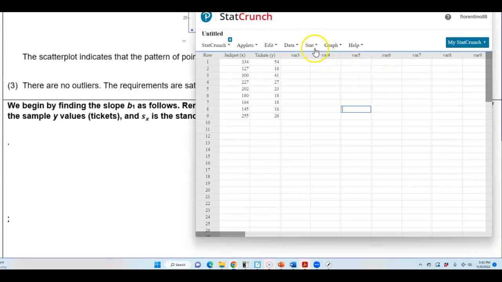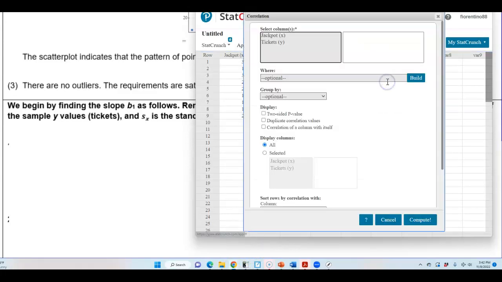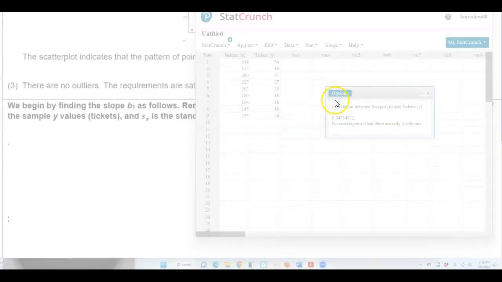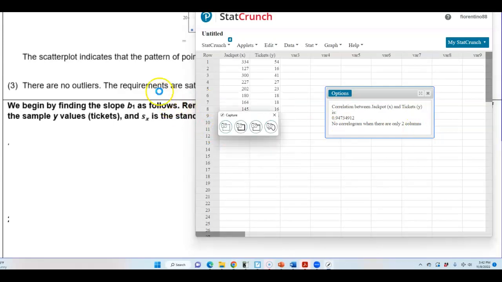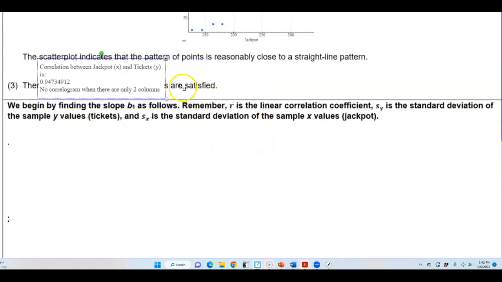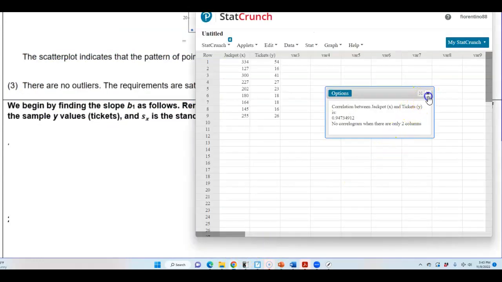The first thing we do is go to Stat, go to Summary Stats, and select Correlation. Here we select both of these, and then select Compute, and now we have our correlation. I'm going to copy that. So there is our correlation value. Then let's find the standard deviation.